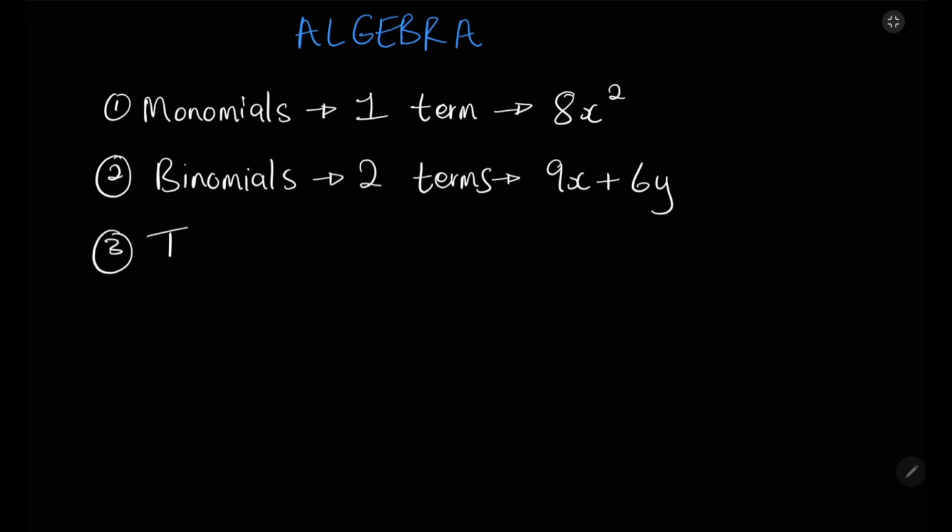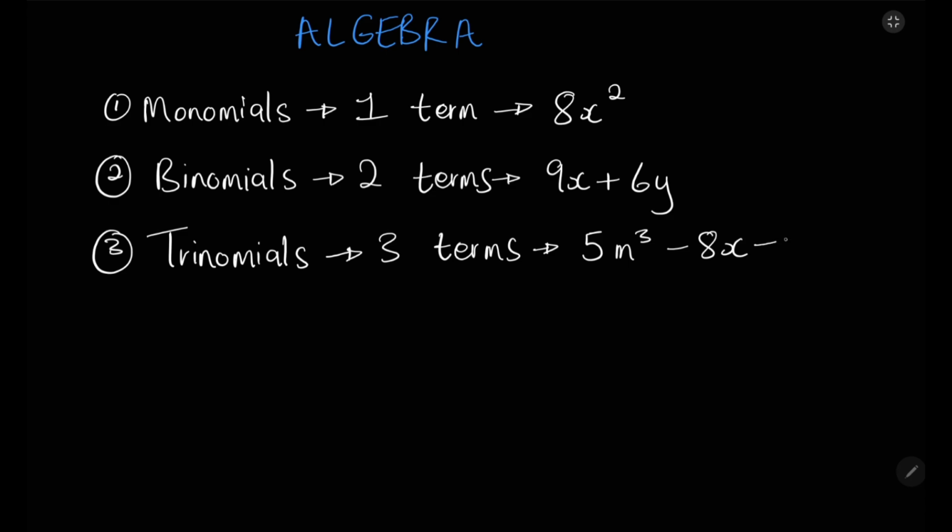And lastly, we have trinomials. Trinomials have three terms. This could be, let's say, 5m to the power 3 minus 8x minus 4. How many terms do we have here? We have 1, 2, 3. So there is a trinomial.